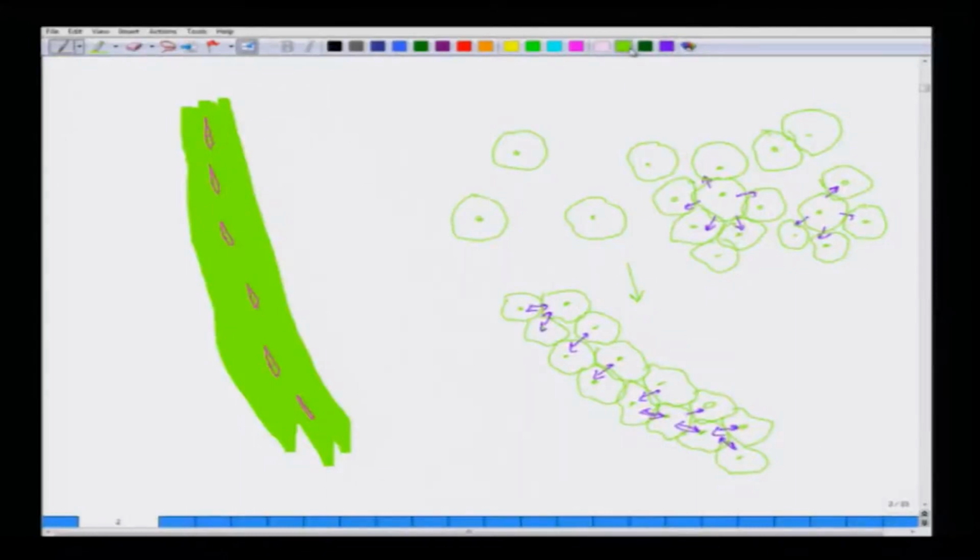Essentially what you obtain is a continuous structure with all the nuclei of the individual cells. These structures are the smallest functional unit of muscle, and are called myotubes. And these are called myocytes or the muscle stem cells, you can call them.